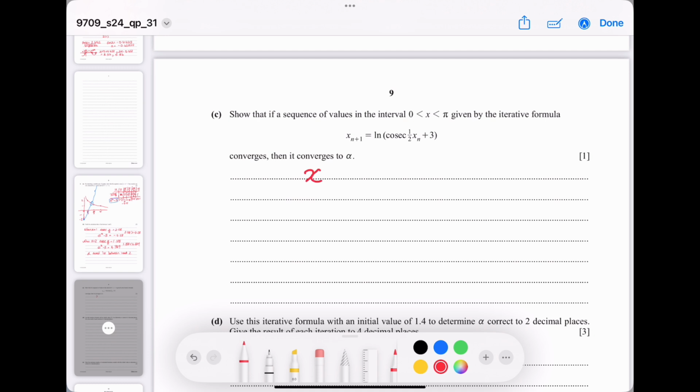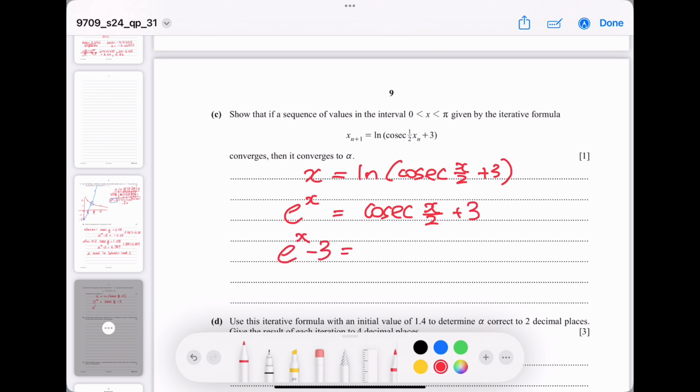So I've got x is equal to ln cosec x over 2 plus 3. Because I've got natural log, I can rewrite this statement as e to the x is equal to cosec x over 2 plus 3. And then I'm just going to subtract 3 from both sides, which is what I started off with.